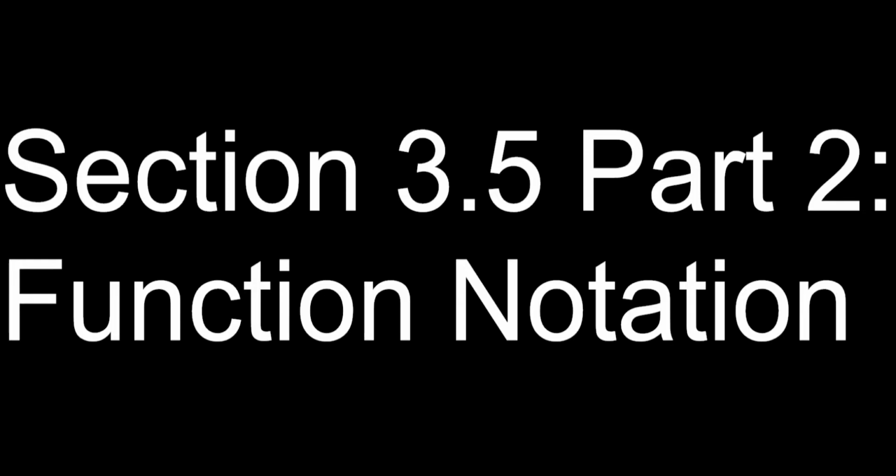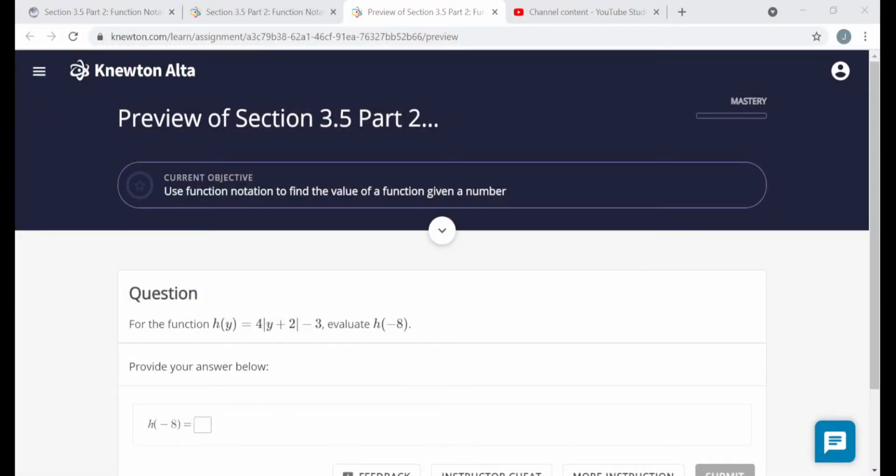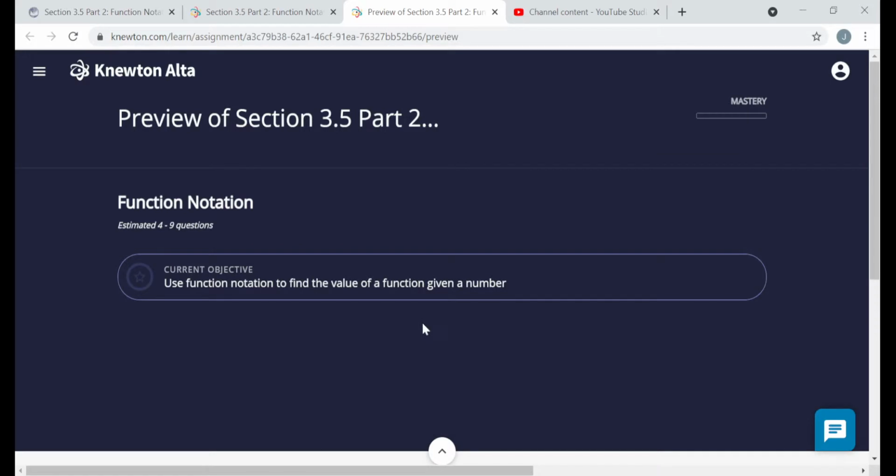Okay. So here's the page with the assignment on it. Now this is my preview of it. You're not going to see the word preview. You'll just see section 3.5 part 2 and then the mastery bar, the objectives. There's only one objective here, and that's use function notation to find the value of a function given a number, right? Given an input.